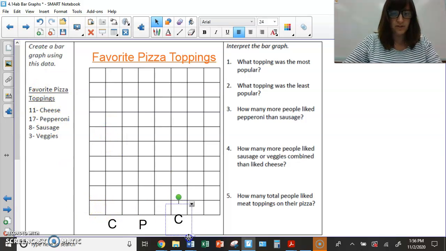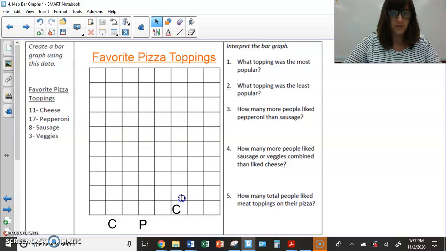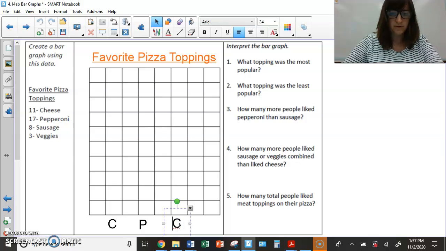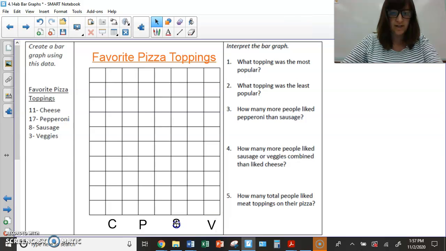Then over here we will do our sausage. And then we will do our veggies, okay? That will be right here. So I am putting a space in between each one just so that we can see it a little bit clearer, okay?